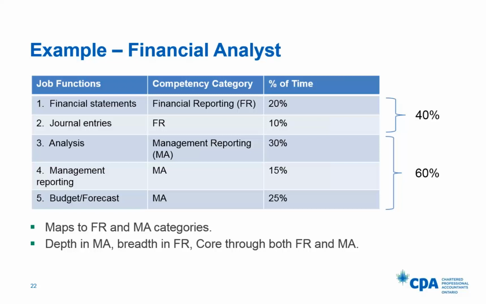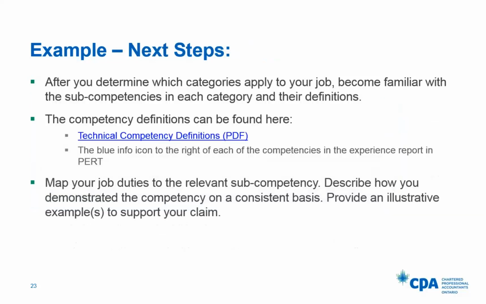Before I go to the next step, maybe I should quickly go through this. Here are some things that may help you further. If you're not familiar with the definitions of each of these sub-competencies, we have a PDF that will help you, and you will see it in this link here. You can click on the link and it'll load the document for you.